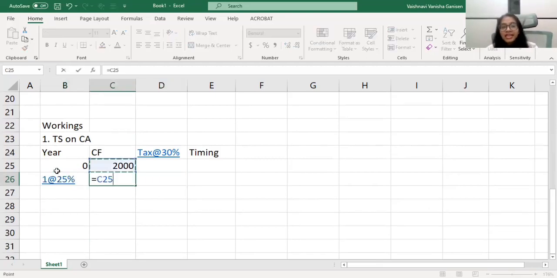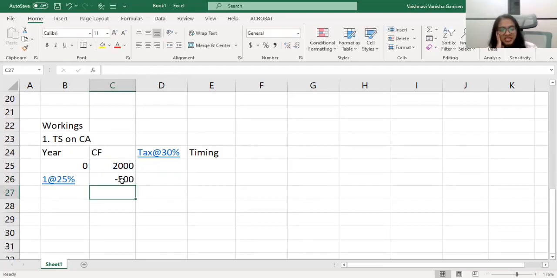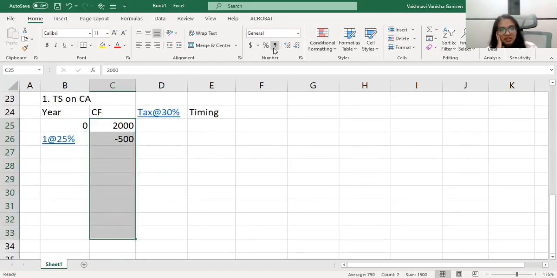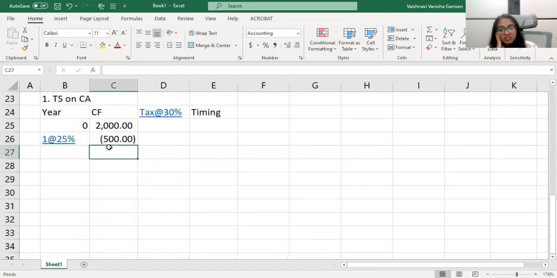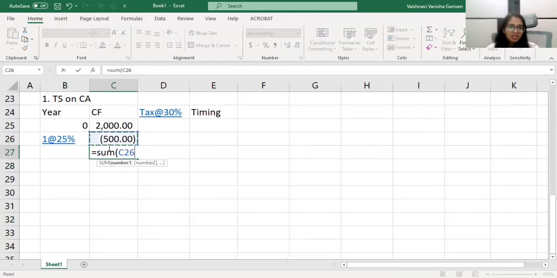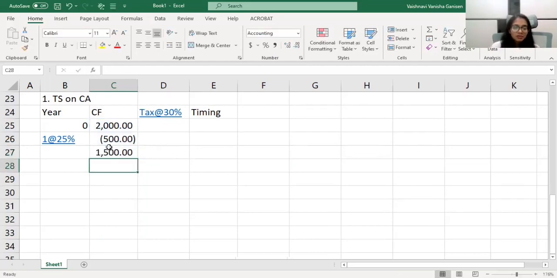So, equals to negative 2,000 multiplied by 0.25. Why? Because it's a reducing balance basis. You must put the negative because you want to show it as a negative figure. Now, once you do that, you put equals to SUM open bracket, you highlight these two, close bracket.